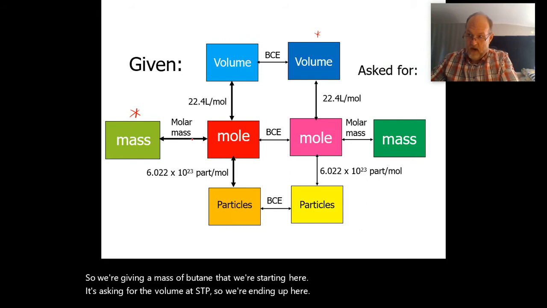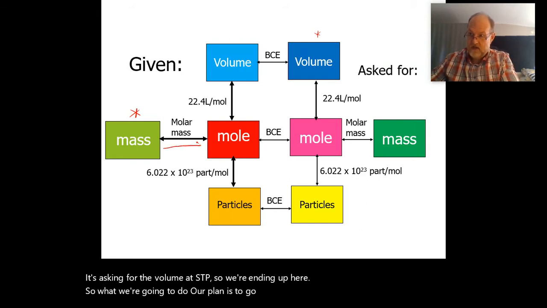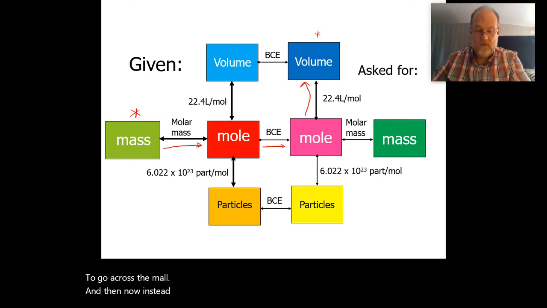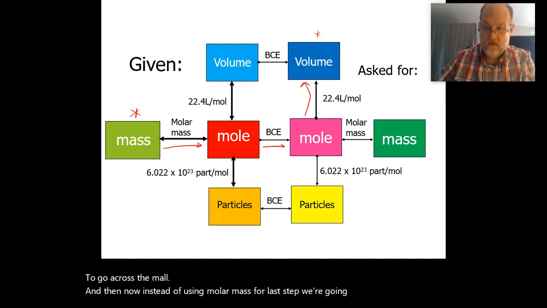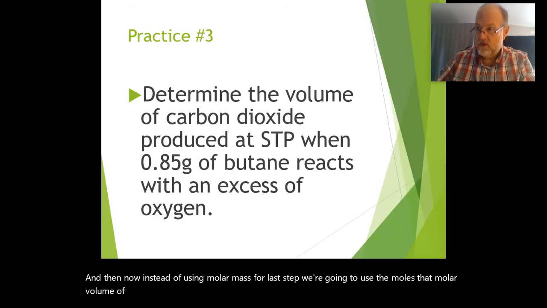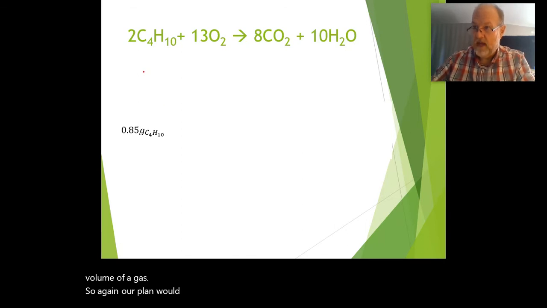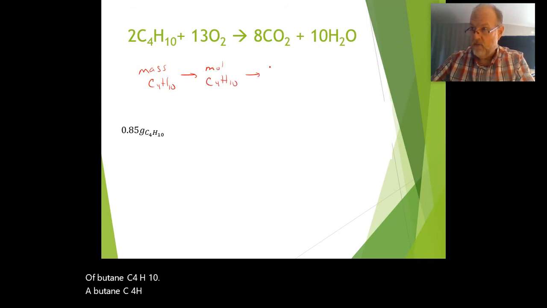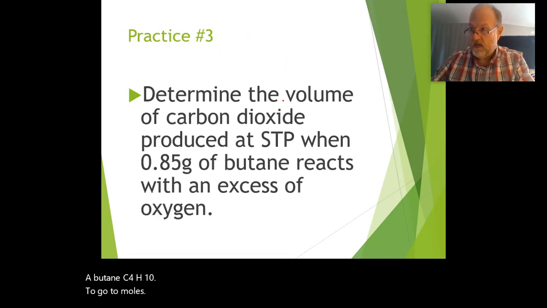Our plan is to go from mass to mole, to go across the mole, and then instead of using molar mass for the last step, we're going to use the molar volume of a gas. So again, our plan would be to go from mass of butane, C4H10, to moles of butane, C4H10, to moles of, what did it ask for?